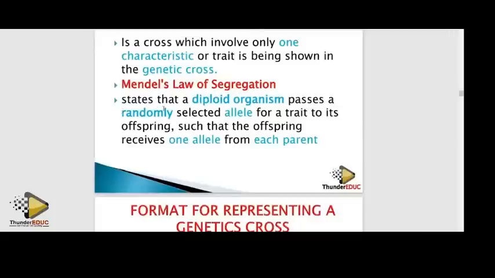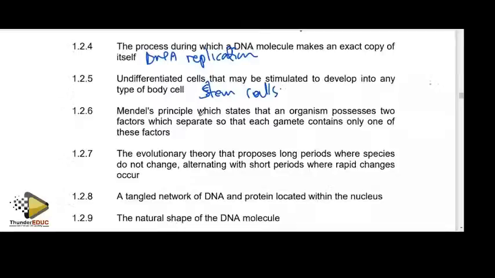Mendel's law of segregation states that a diploid organism passes randomly selected alleles for a trait to its offspring, such that the offspring receives one allele from each parent. So the question is asking for the principle which states that the organism possesses two factors which separate, so that each gamete will contain only one of these factors.